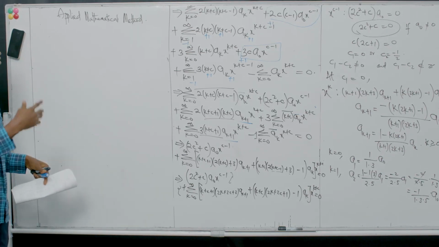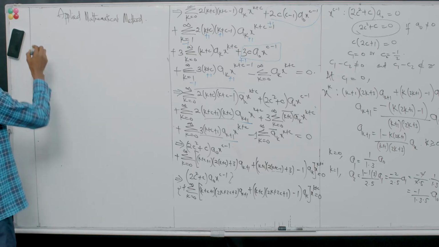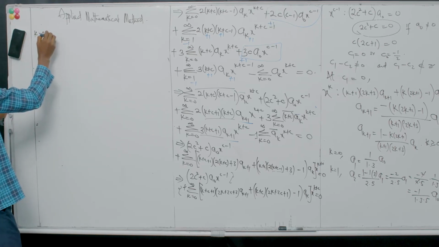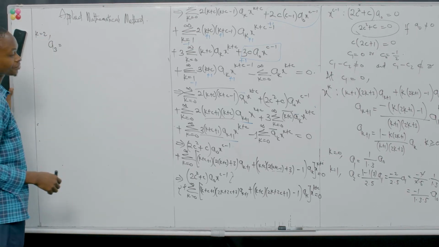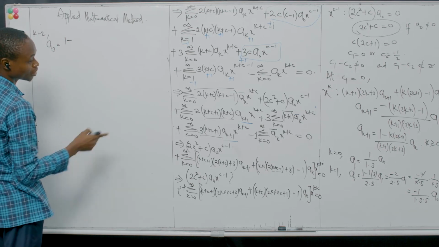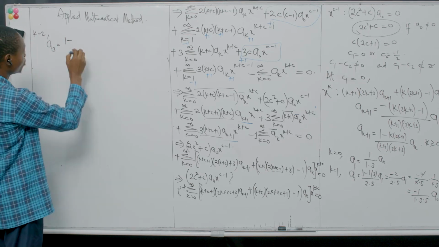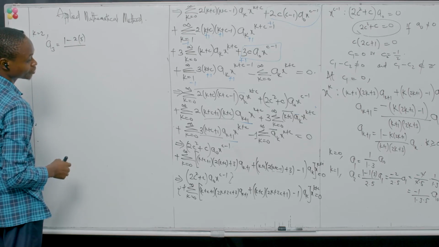So that's a naught plus 1 over 1 times 3 a naught x plus 1 over 1 times 3 times 5. No need for you to generalize. There's no point to kill yourself to that extent. But if you're able to generalize, then fine. So here, k equals 3, we have a3. In this case, we now have 1 minus 2 into 5 divided by what?